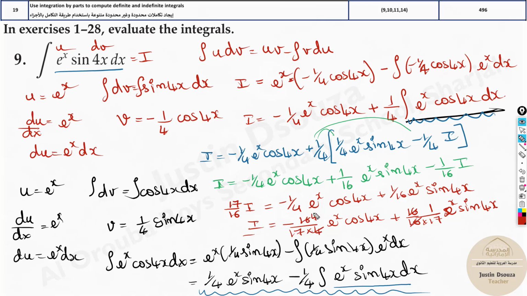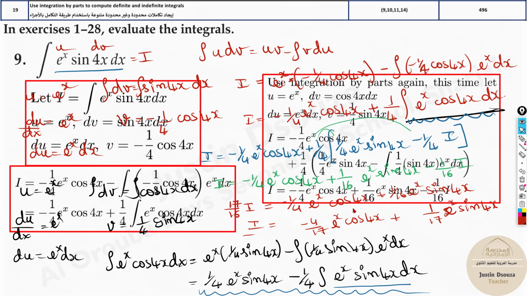I'll just rearrange this and write: I is equal to negative 4 by 17 e to the power x cosine 4x, and over here we will have 1 by 17 e to the power x sine 4x. So that is the answer. I hope I have not missed any sign or made any silly mistake. So this is the thing. Let's just look into the final answer. You can see here.